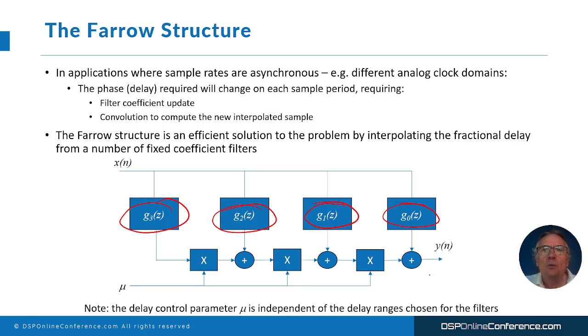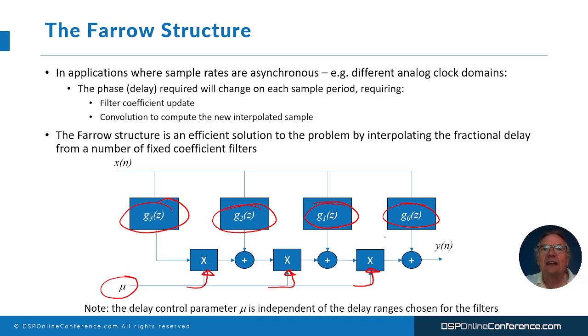The combiner works by taking this control parameter for the delay, mu, and multiplying or scaling each of the outputs of the filters, and then combining, just with a simple addition operation, each of those outputs. So each of these filters that you see here has a different delay characteristic.